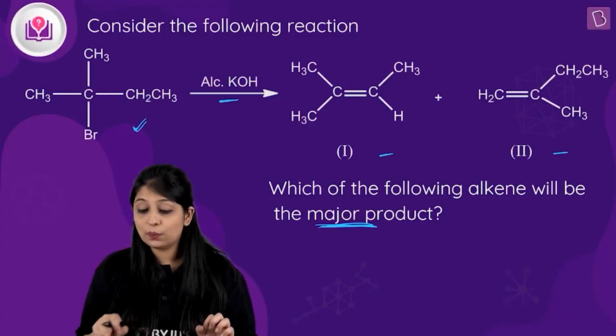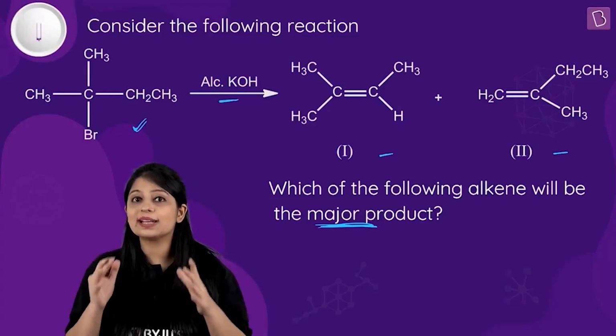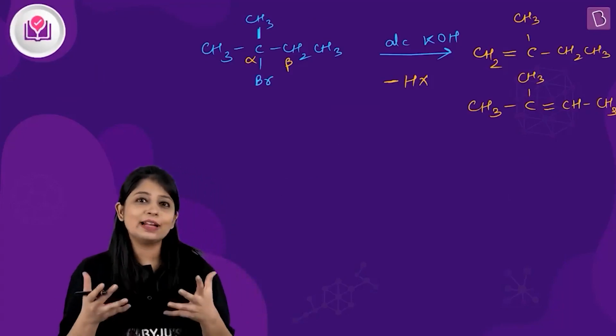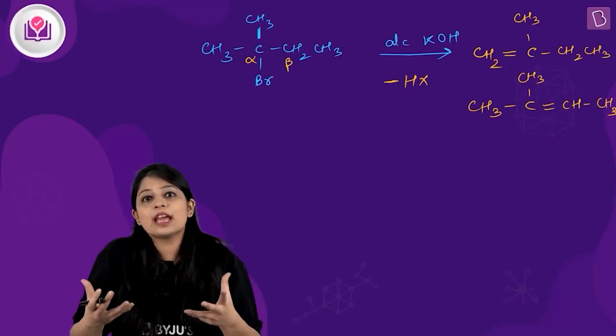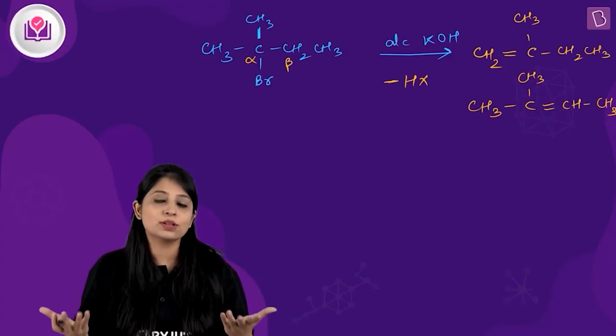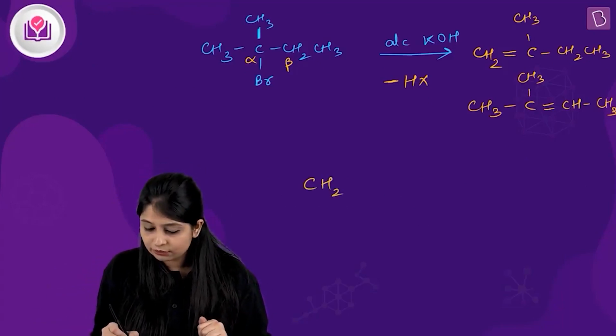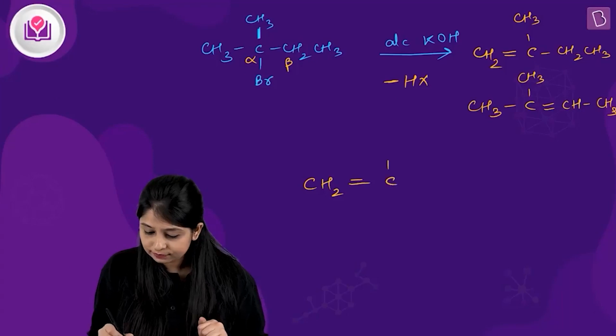We have to find out which of these 2 alkenes is the major product. How do we find out the major product? Well, the most stable product is usually the major product. So let's compare the stability of these 2 alkenes.